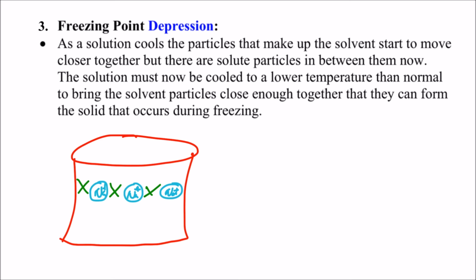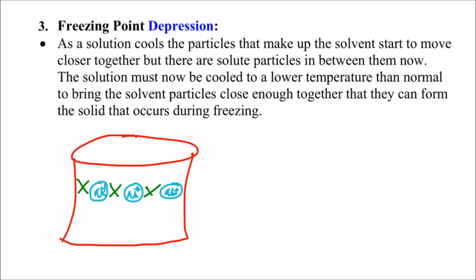I have to bring the temperature down. But they've got these little sodium ions in there that's going to make it difficult to get them close enough to each other so that their cohesive forces take over and make them become a solid. So I have to drop the temperature far more than I normally would if I had a pure substance.